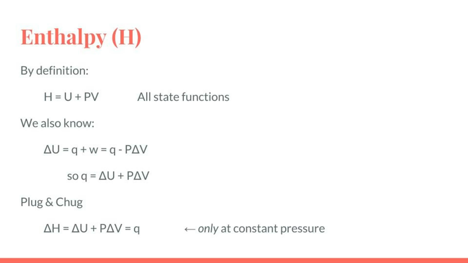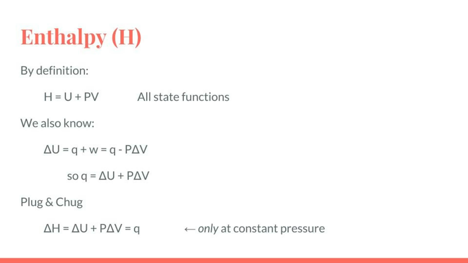But if you just say that this is occurring at constant pressure, you get to bring the P outside of the delta, it becomes P delta V, everything suddenly becomes super duper simple. But it means that enthalpy is equal to heat, it's equal to Q, only for a limited set of experimental values.